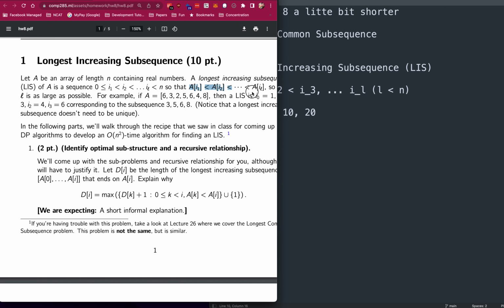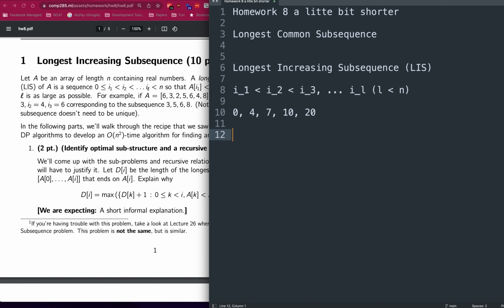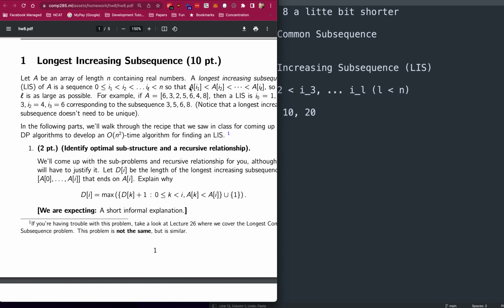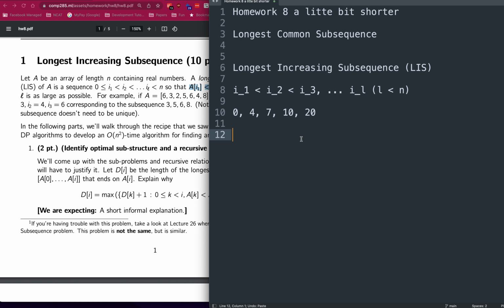Now we're looking at the actual values: A[i1], A[i2], up to A[iL]. These are the actual values corresponding to the indices, and they are also strictly increasing.